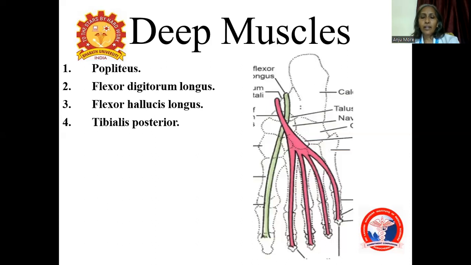Now, like the three superficial muscles in the posterior compartment of leg, we will now discuss the four deep muscles in the posterior compartment of leg.